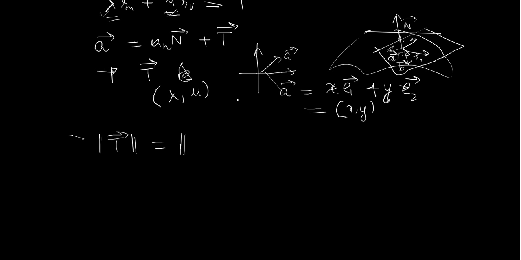To make things easier, I take the square, because the square of the norm is just the dot product of the vector with itself.